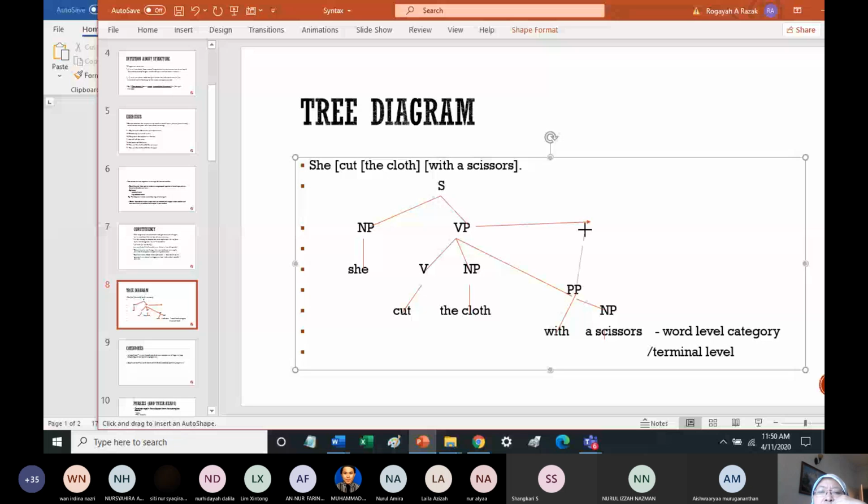PP is a phrase level. NP is a phrase level. This one maybe I should change it with an arrow.